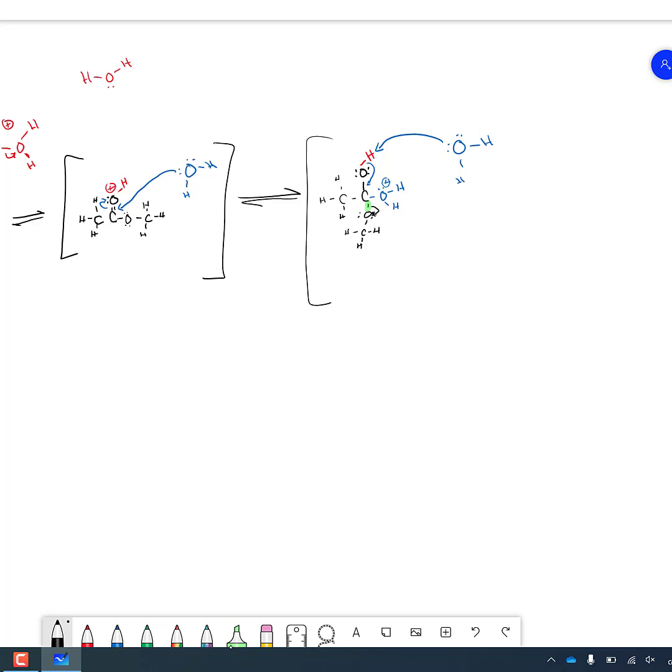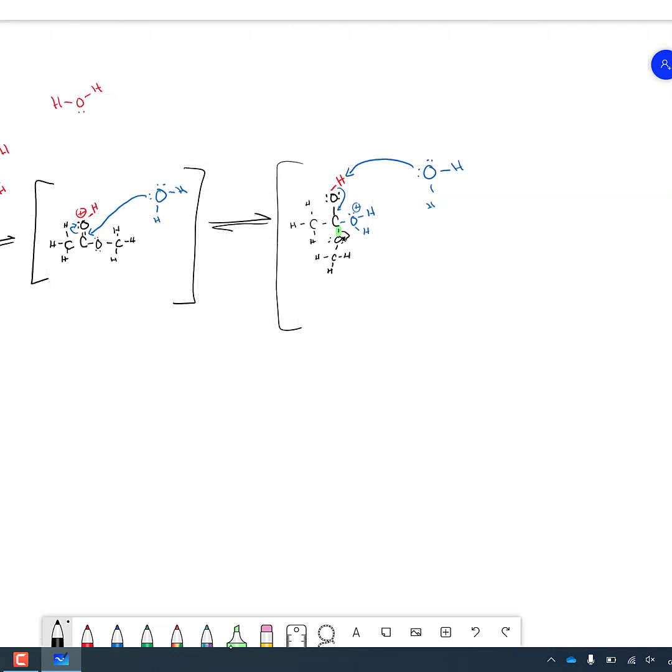And as it does so, we're going to have a hydrogen rearrangement where one of our hydrogens from this unstable water is going to come on over. So just a hydrogen rearrangement, a transfer of a proton, then converts this into a good leaving group.